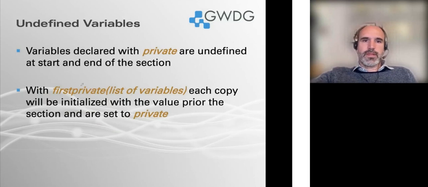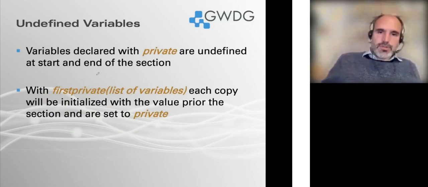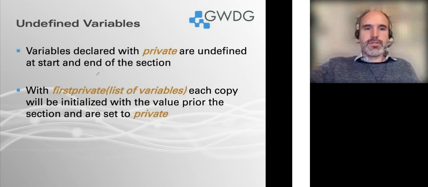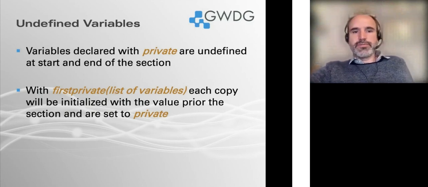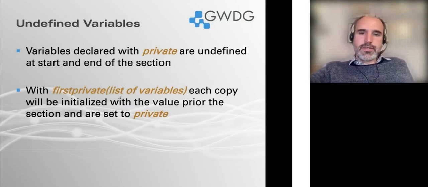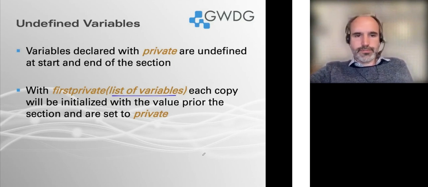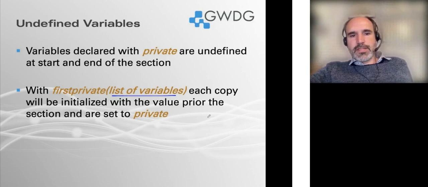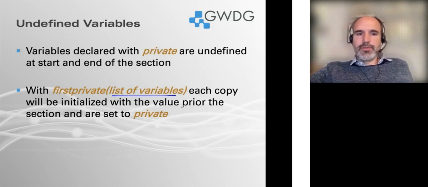Okay. Undefined variables. Variables declared with private are undefined at the start and end of the section, as I already said. So what you can do is you can use the firstprivate clause, with a list of variables, which is to say you hand over a list of variables. It means that even though it's a private one, it will be initialized with a copy of the same variable existing before the parallel region.